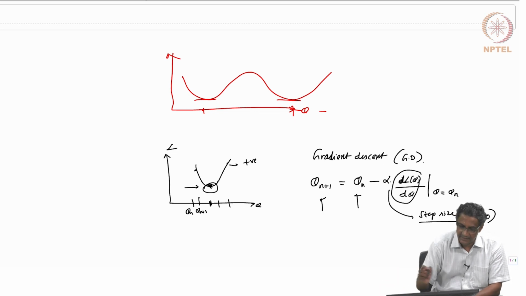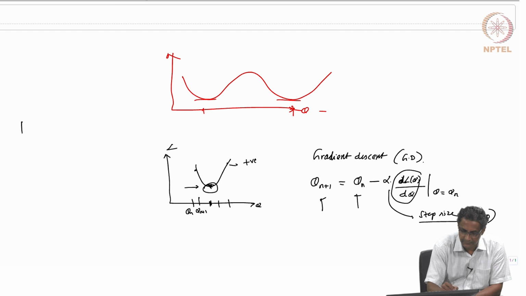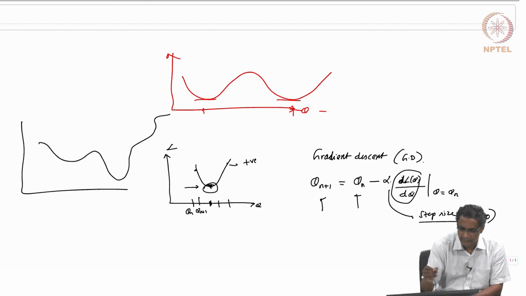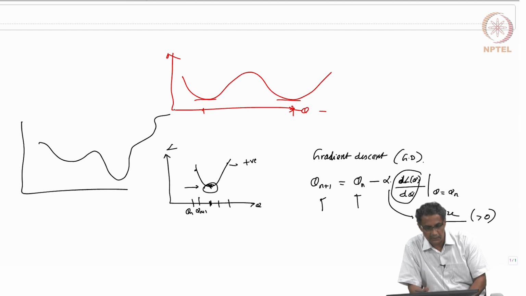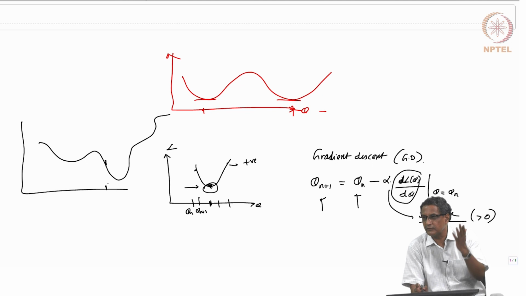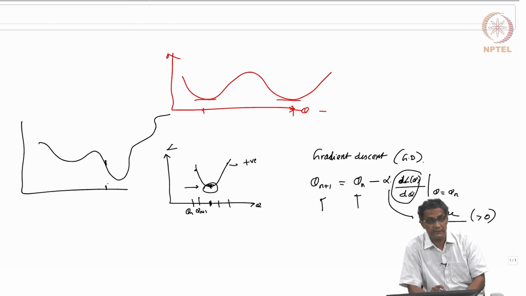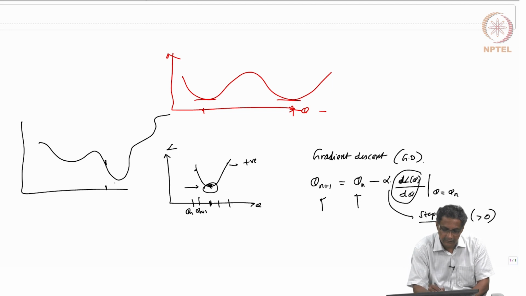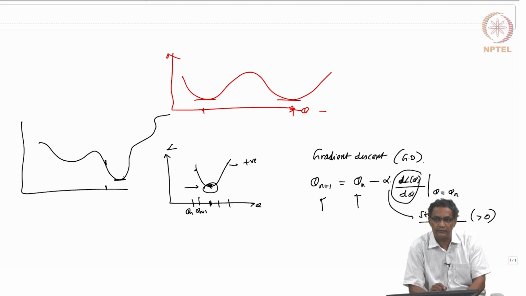Your actual surface could be something like this, we don't even know. If you're lucky and you started here, if somebody gave you initial parameters by magic, then you can hope to hit this point through gradient descent.